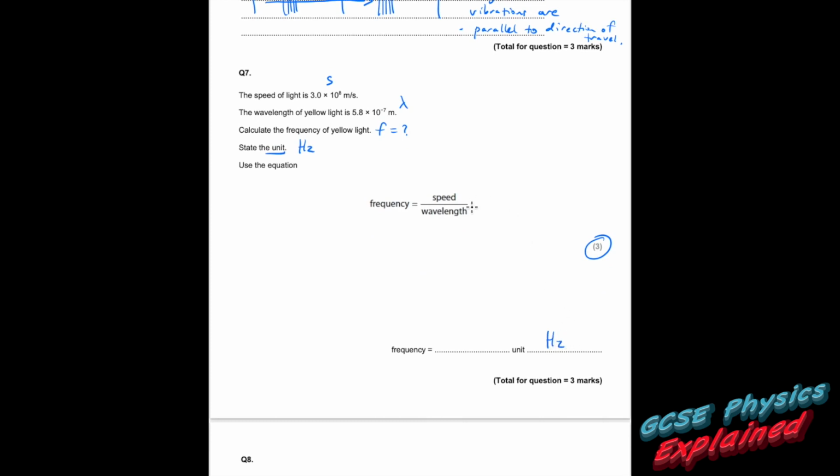They've even kindly rearranged the equation for us this year. So pop the numbers in. There's your speed, 3 times 10 to the 8 meters per second. And the wavelength was 5.8 times 10 to the minus 7. And that equals 5.17 times 10 to the 14. Now they've only given the numbers to 1 decimal place, so we'll do it to 1 decimal place as well. So that's 5.2 times 10 to the 14.